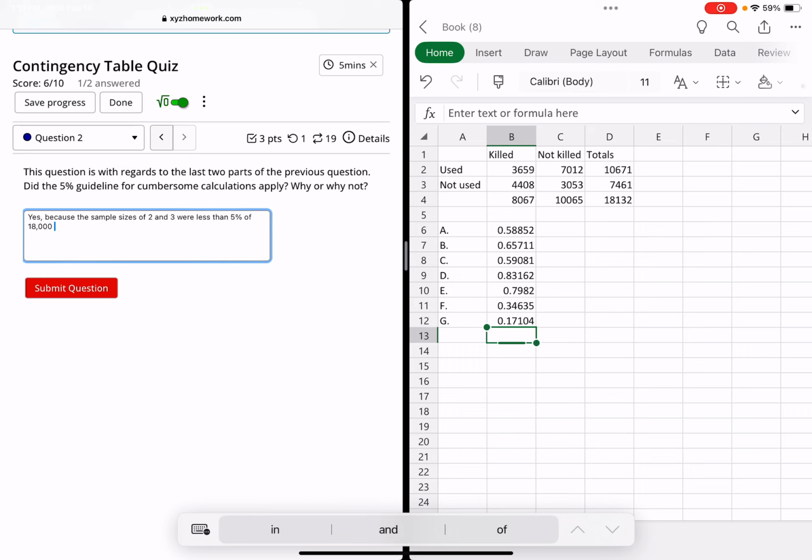Yes, the guideline applied and they could be considered independent samples.